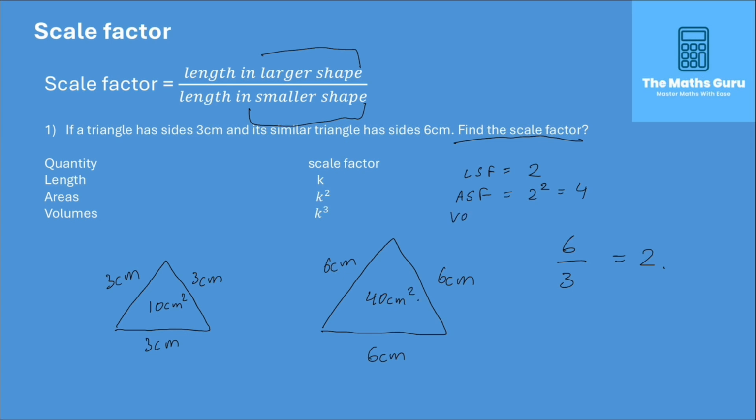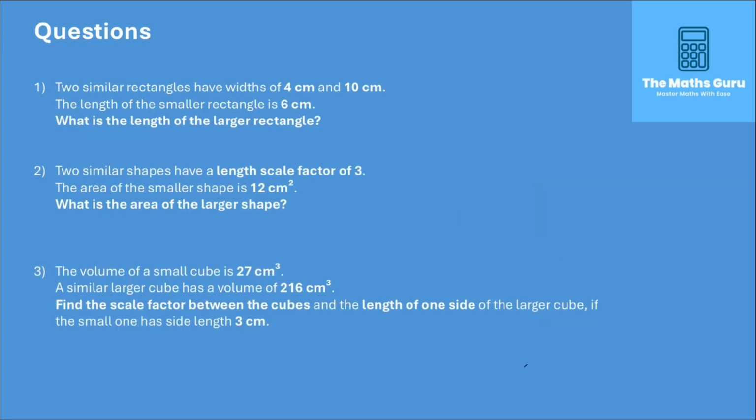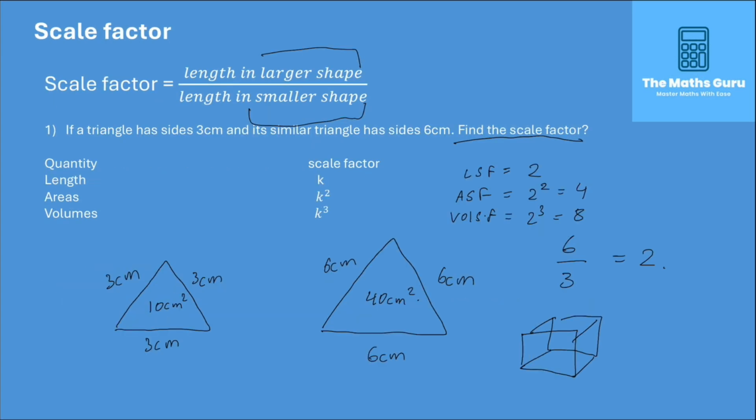Now, looking at volume scale factor, it is 2 cubed, which means 8. So say the volume of this cuboid was 8 centimeters cubed, and we knew that the length scale factor is equal to 2.